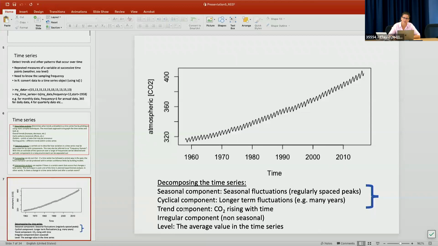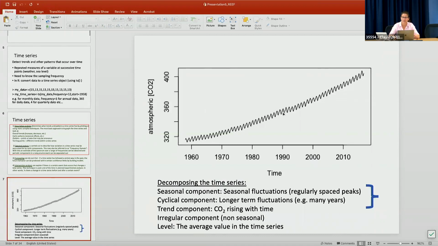Then we have the trend component that we want to know, which is the CO2 rising over time. And we want to identify all sorts of irregular components. Okay? In this case, we have a level, which is here, which is the average value in the time series. So this is where our time series levels. And when we have a trend, we have deviation from this level.